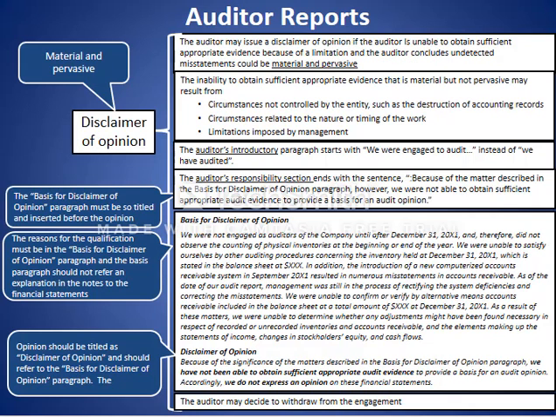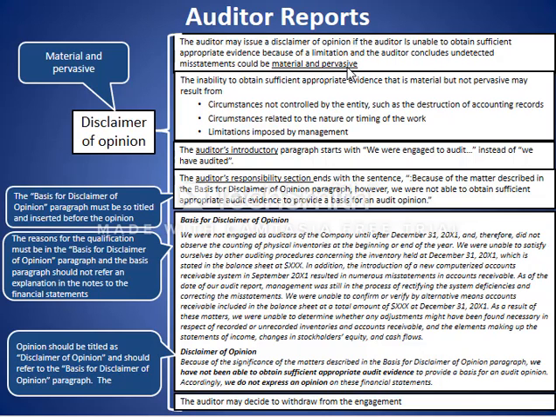Okay, there's another situation which can result in a disclaimer of opinion. The auditor may issue a disclaimer of opinion if the auditor is unable to obtain sufficient appropriate evidence because of some form of limitation, and the auditor concludes that undetected misstatements could actually be material and pervasive.